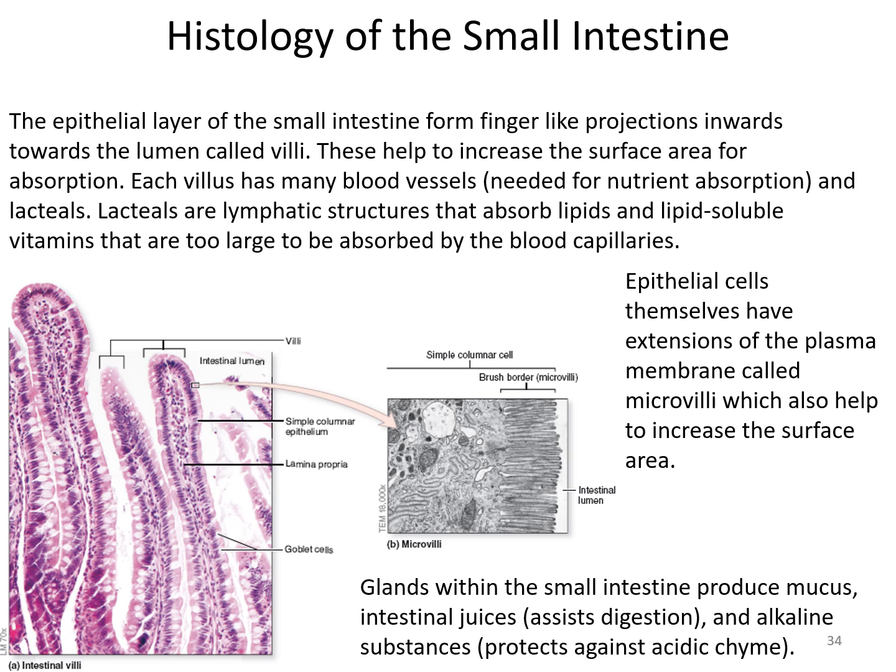Histology of the small intestine: the epithelial layer itself has these finger-like projections. Those are called villi. You can see it in this slide. It kind of serves the same purpose as a circular fold. It increases the surface area that helps us to get maximum nutrient absorption. Each villus has a bunch of blood vessels that we need for nutrient absorption.